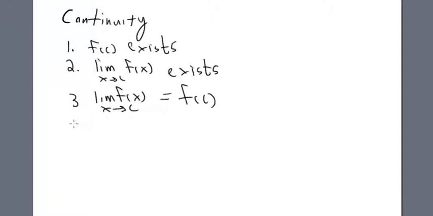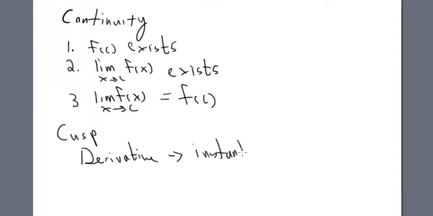Now, the book also gives us the definition of a cusp. A cusp is a point on the graph at which the function is continuous, but the derivative is discontinuous. Remember, the derivative is the instantaneous rate, or slope.